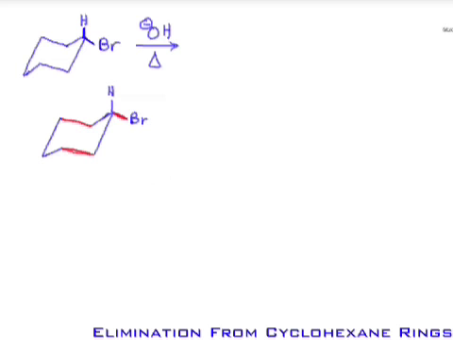Where are the beta carbons? Well, this carbon is beta to the carbon that has the bromine, and this carbon is beta to the carbon that has the bromine. This is my alpha carbon. The carbon that bears bromine is the alpha carbon. To get antiperiplanar elimination, anti to the bromine must be a hydrogen.